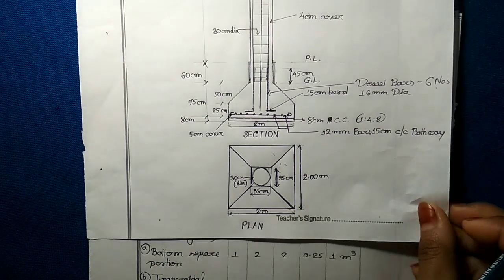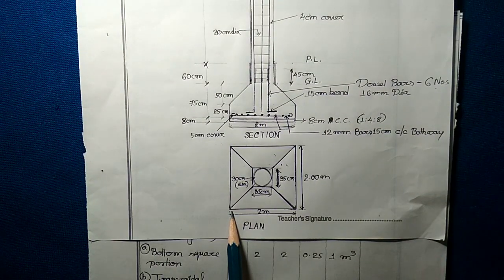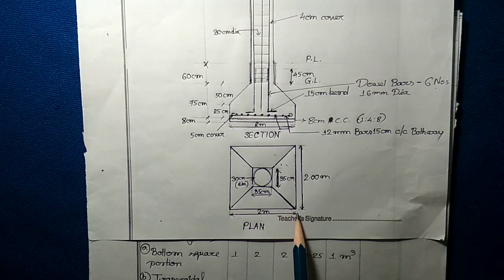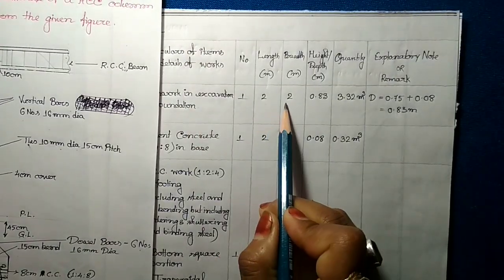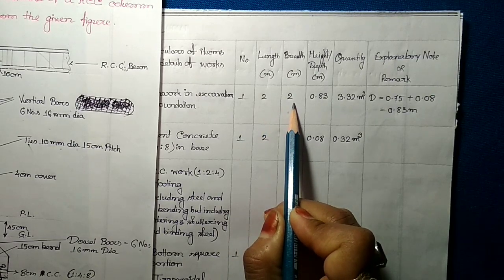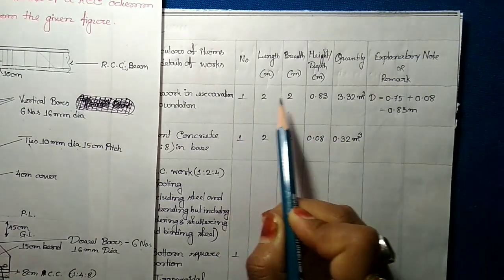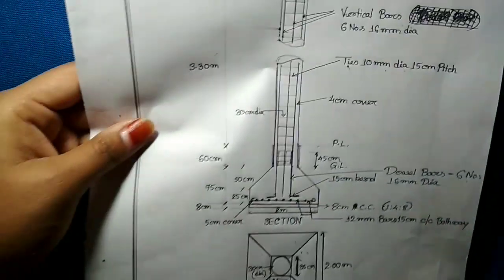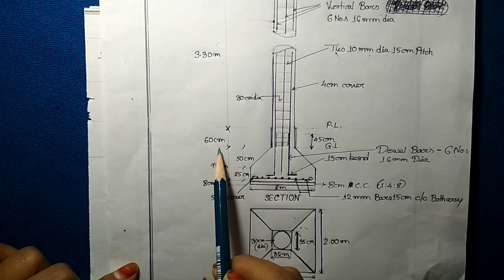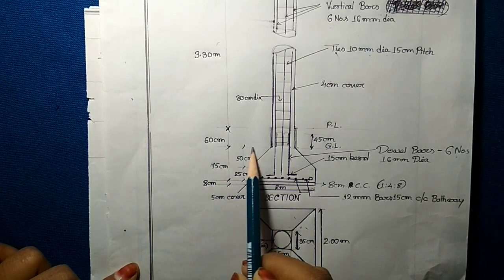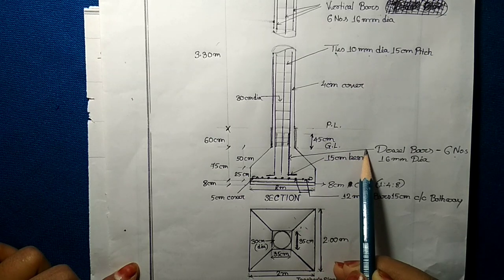So go to the plan. You can see this is a square footing of side 2 meter. So length and breadth will be 2 meter and 2 meter. Number will be 1, and height will be whatever portion is below the ground. In this section, you can see this is the ground level.